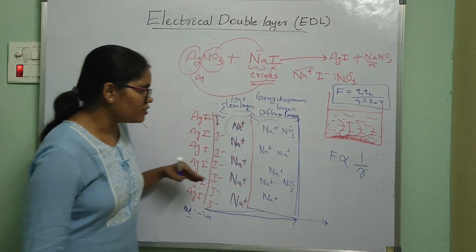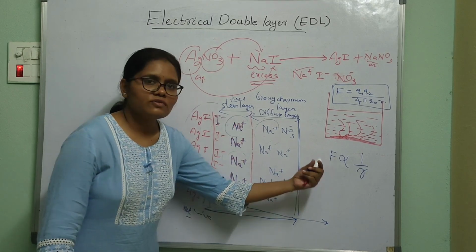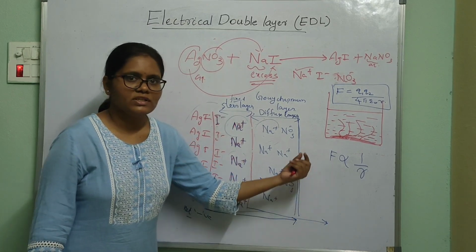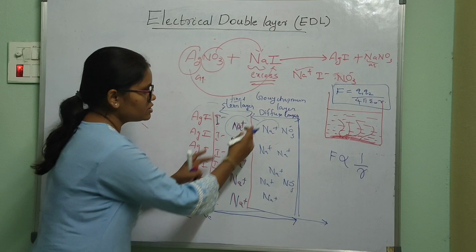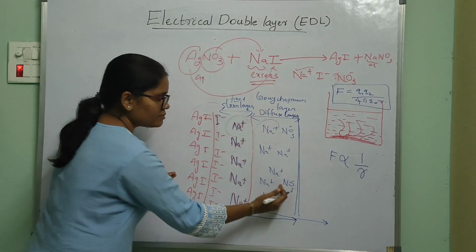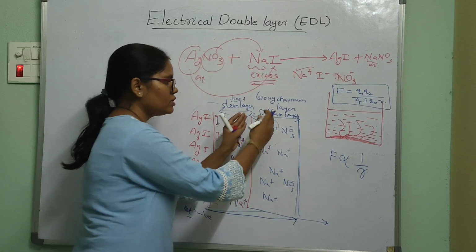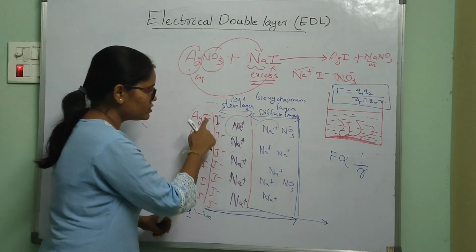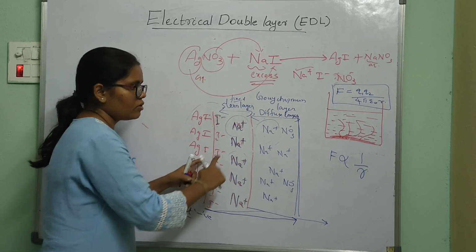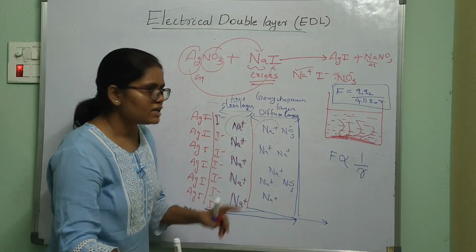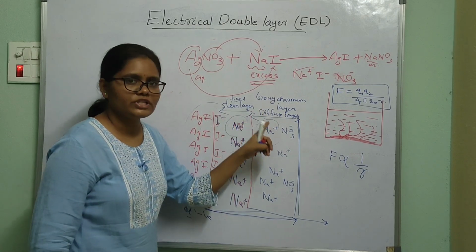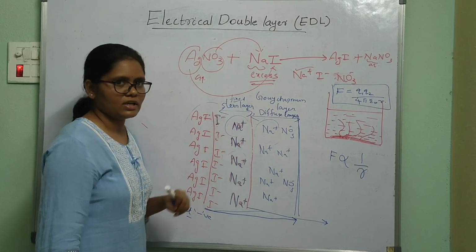So as you move away from the charged particle, the force of attraction or repulsion decreases. Now this diffuse layer is farther from the colloidal particle than the Stern layer, right? Therefore, the attractive force of this negative charge on the sodium ions is less in the diffuse layer or Gouy-Chapman layer when compared to the Stern layer.